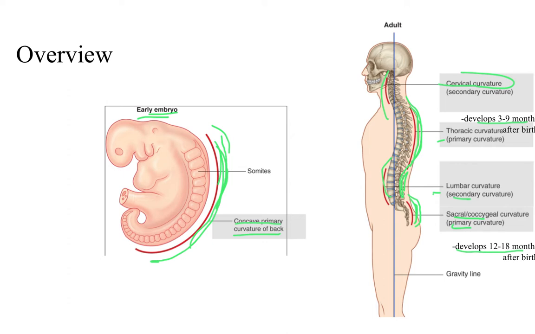And if you look at the line of gravity, it is between the curvatures. So the cervical curvature is anterior to the line of gravity, the thoracic curvature posterior to the line of gravity, lumbar anterior, and sacrococcygeal posterior. So it's evenly distributed, or at least fairly evenly distributed.